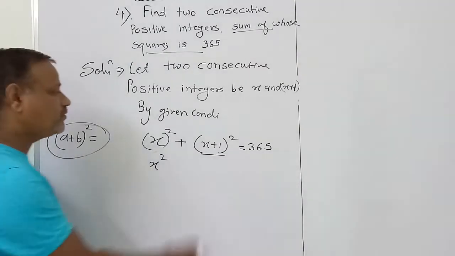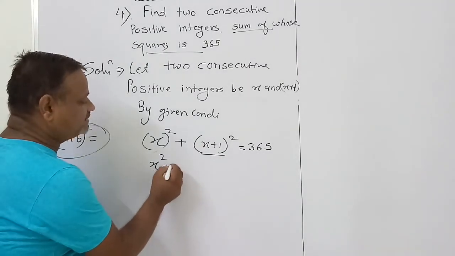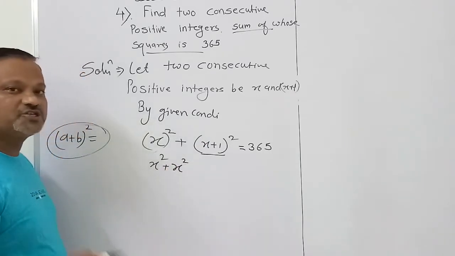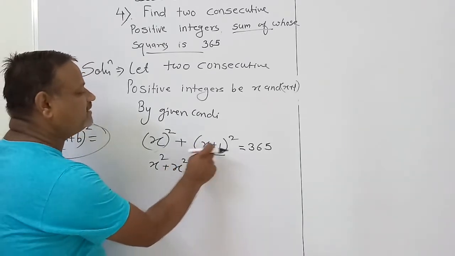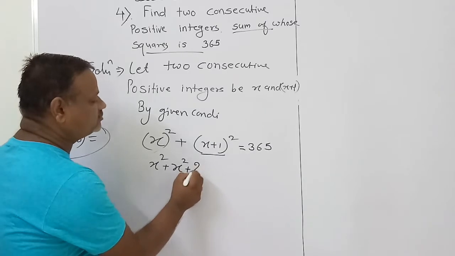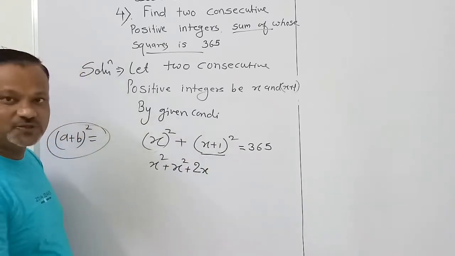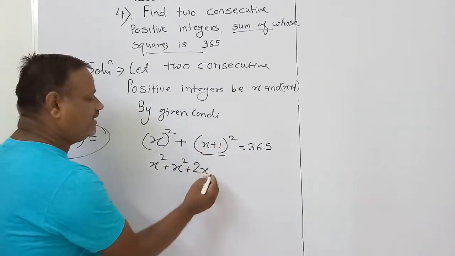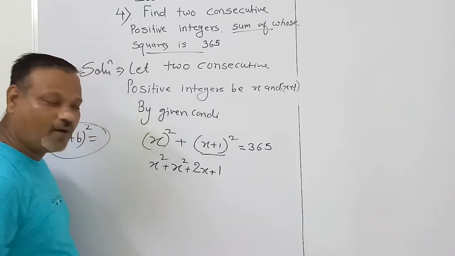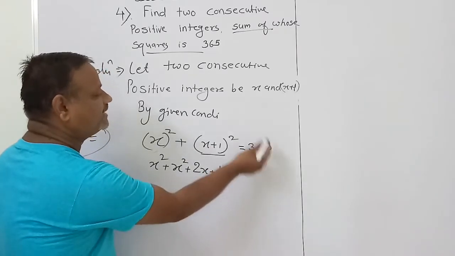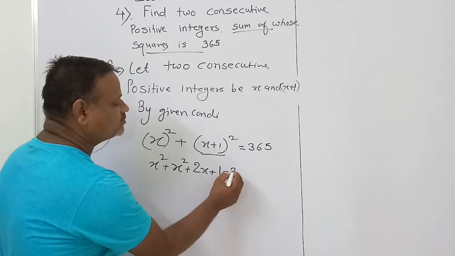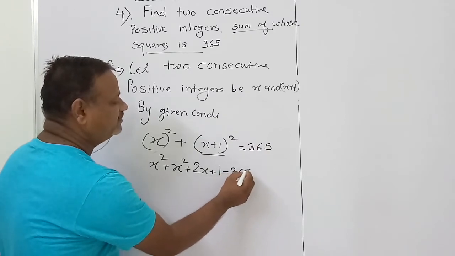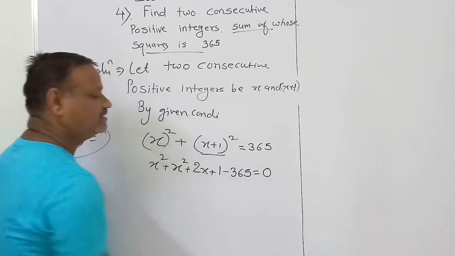So a square is x square, plus 2ab, 2 into x into 1, that is 2x, plus b square, which is 1 square, that is 1, equals 365. We shift this to the left side, so it becomes minus 365 equals 0.